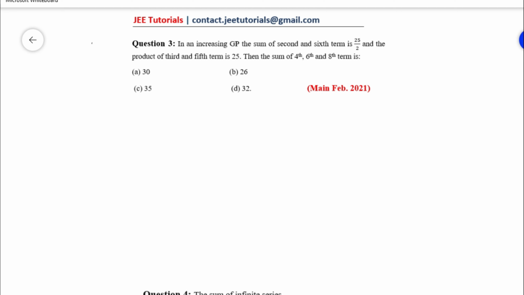So suppose the first term of GP is small a and common ratio is small r.